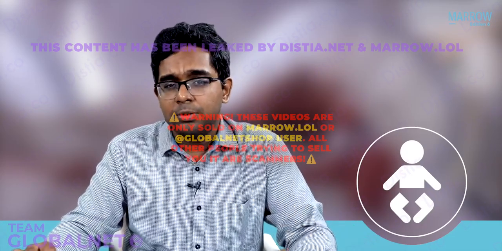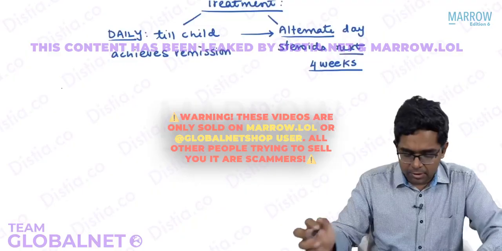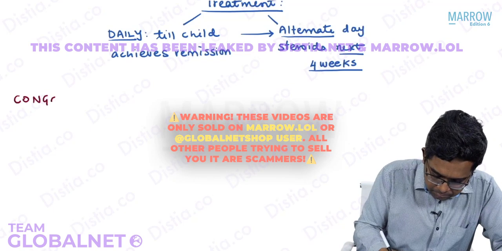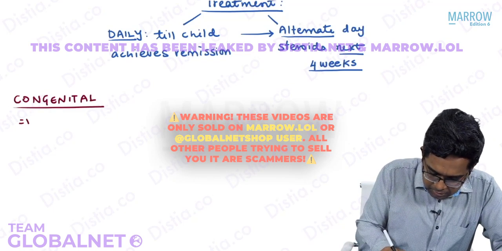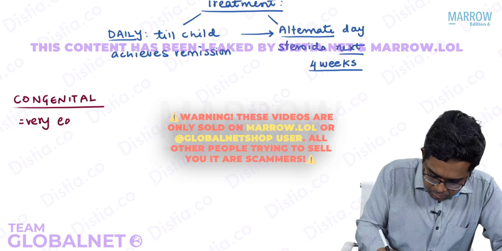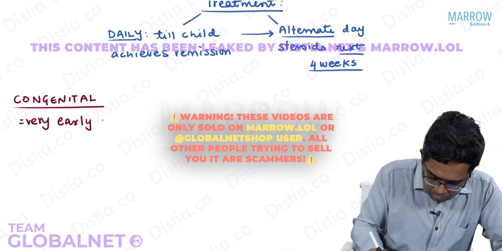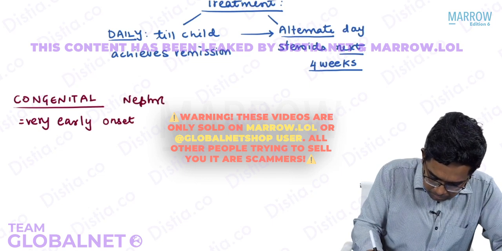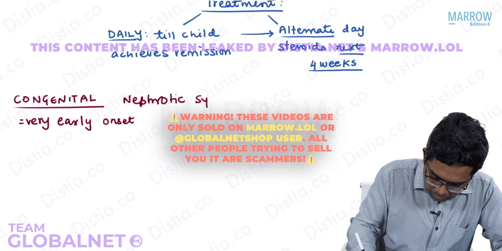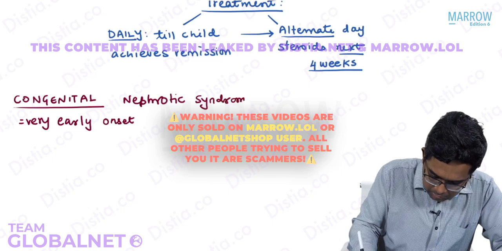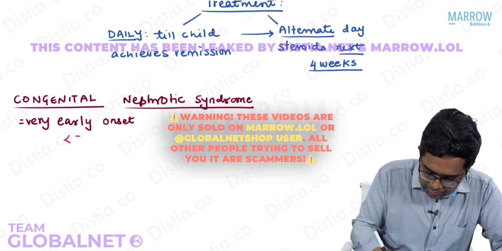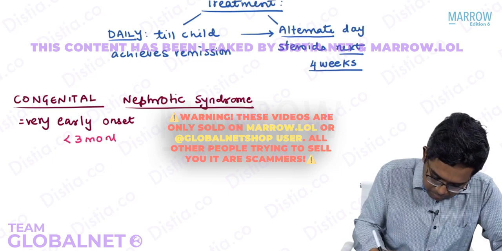You should also know there is one more variety called congenital nephrotic syndrome, which is very early onset nephrotic syndrome. This early onset refers to an onset in a child less than 3 months of age.